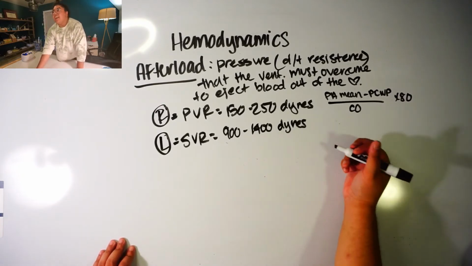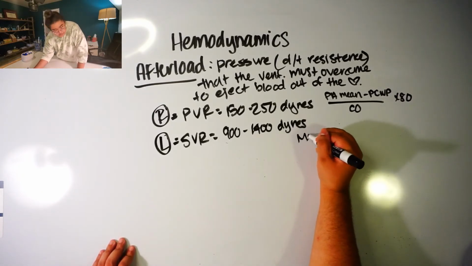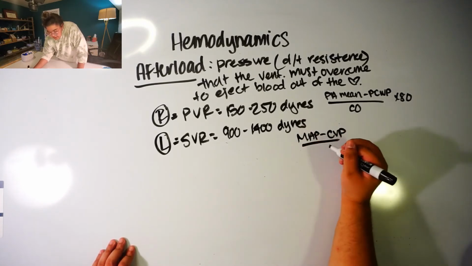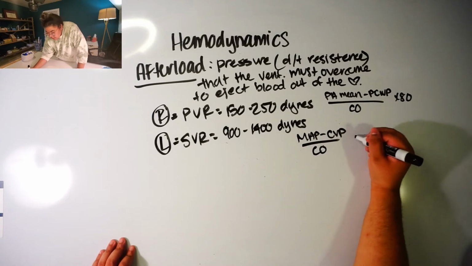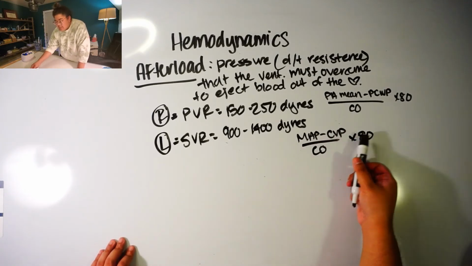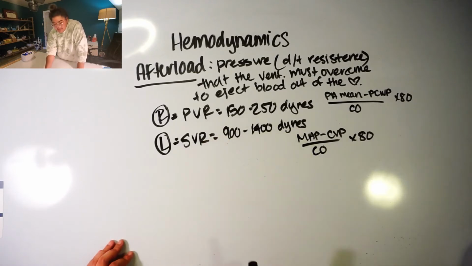Your SVR is going to be your MAP minus your CVP, and you're dividing this by your cardiac output, and you multiply all that by 80. So you have to have CVP or your wedge to calculate this.